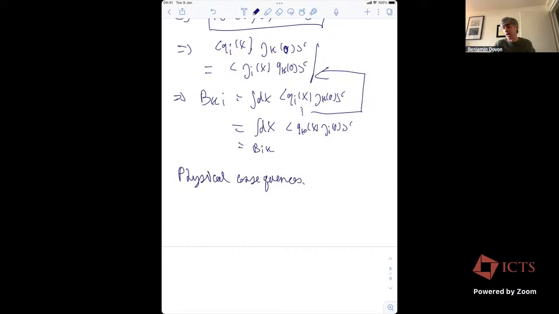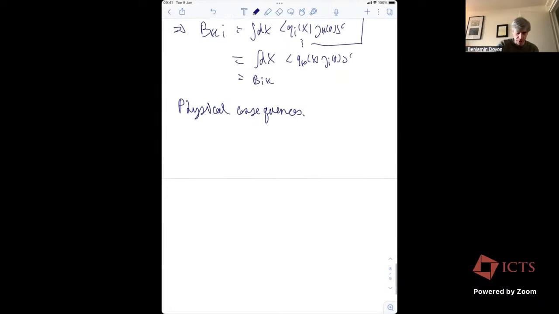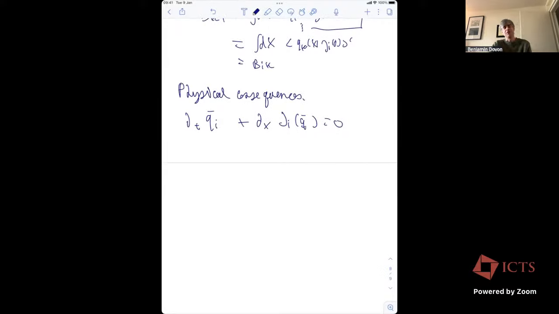That's kind of the interesting part, right? Well, let me rewrite the general form of the Euler equation: d_t q_i plus d_x of the function j_i of the q's equals 0. Now, use the chain rule. The chain rule tells me that d_t q_i plus the flux Jacobian A_ij d_x q-bar_j equals 0, with implied summation over repeated indices.